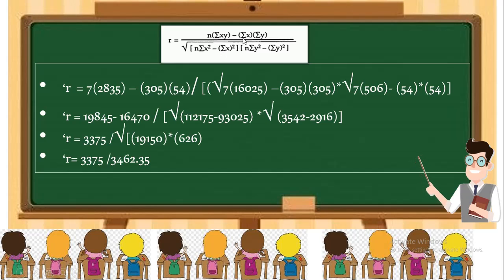So sigma x is 305, we multiply 305 again, and n will be 7. Sigma y square we calculated as 506, minus sigma y the whole square, which is 54 into 54.